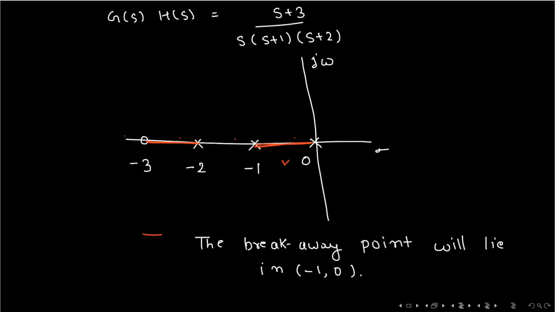To explicitly find the location of the breakaway point, we'll use the expression dK/ds equal to 0.